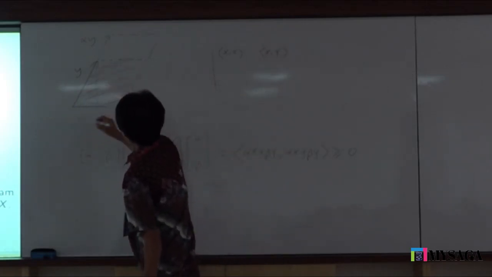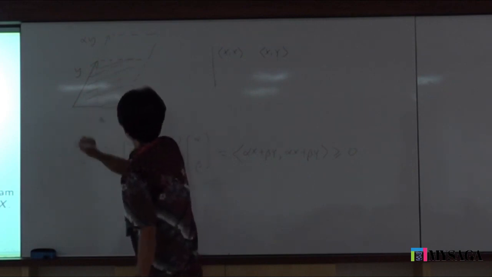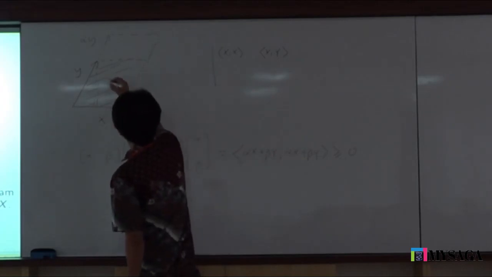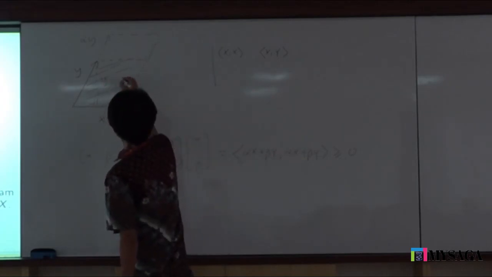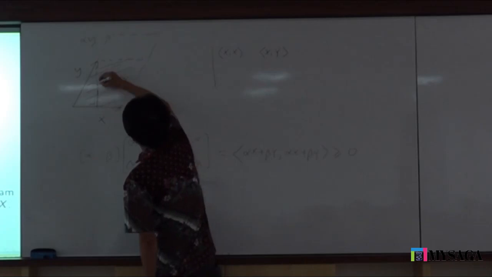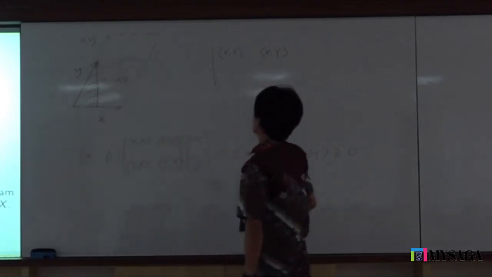I project it orthogonally, and I get this y minus something, say alpha x. Okay, I get this vector y minus alpha x.